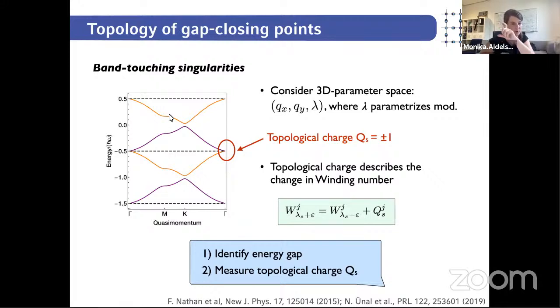Or if you want, you just have a resonant mixing between the two bands, the lowest and the first excited band. So you move them closer together, and then the gap closing point can happen at different positions across the dispersion relation, or at different quasi-momenta. So if the frequency were chosen to be on this scale, then you would open up an avoided crossing here or induce a gap closing point. And I think I have another example of the spectrum a little bit later.